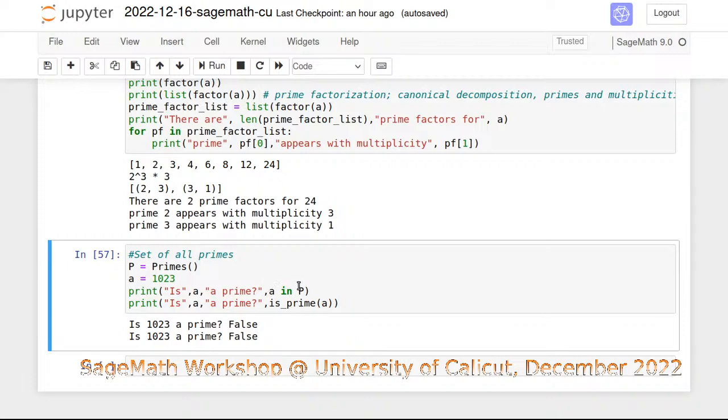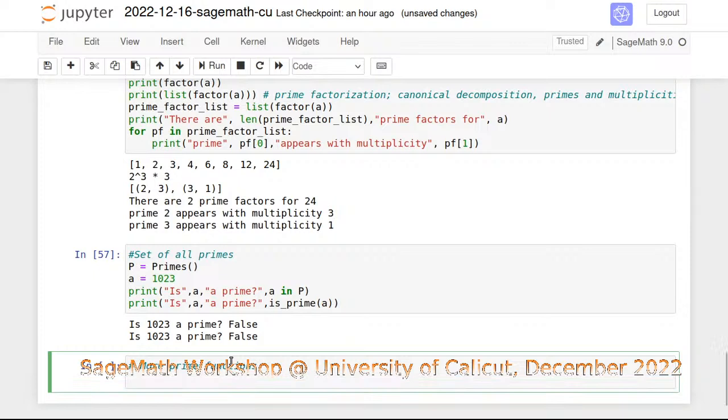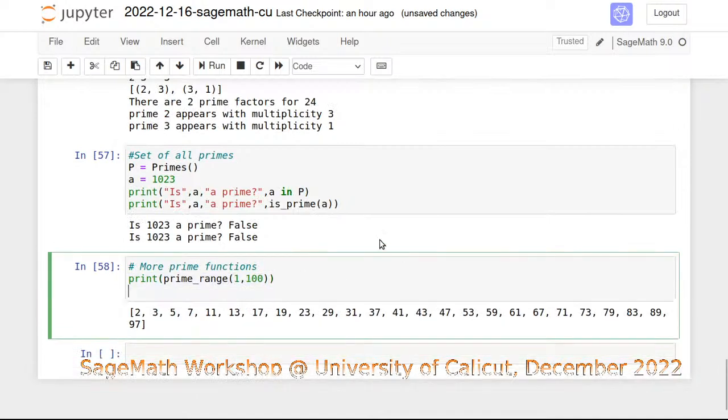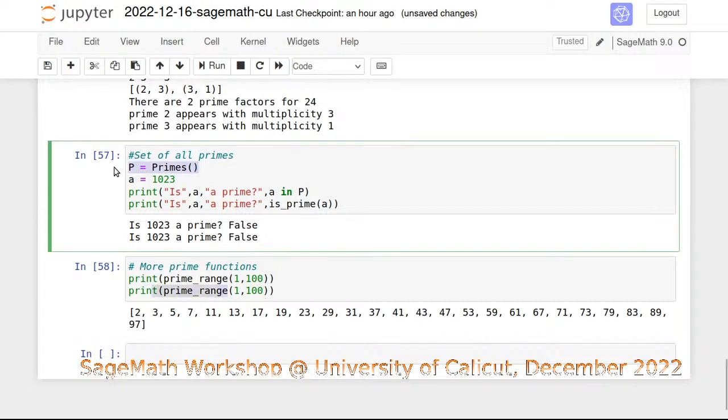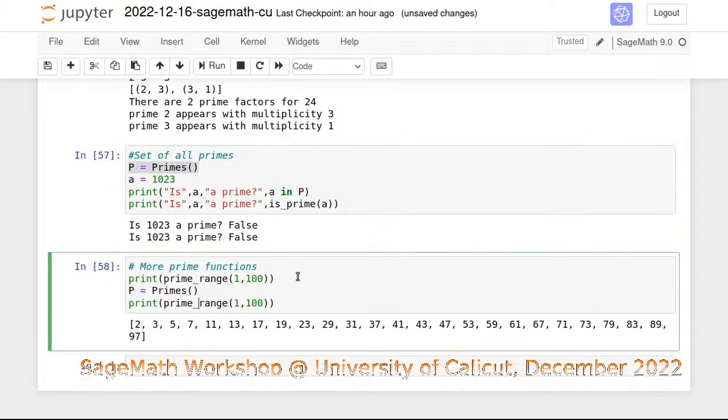Another function is prime range. Suppose that we want to get more prime functions. Prime range, suppose 1 to 100. So we get all the primes in the range 1 to 100. This is equivalent to writing P, remembering that we have already assigned this P, with 1 to 100.